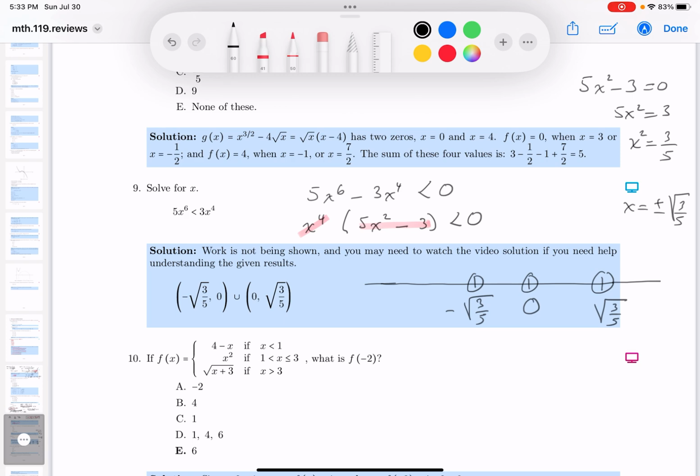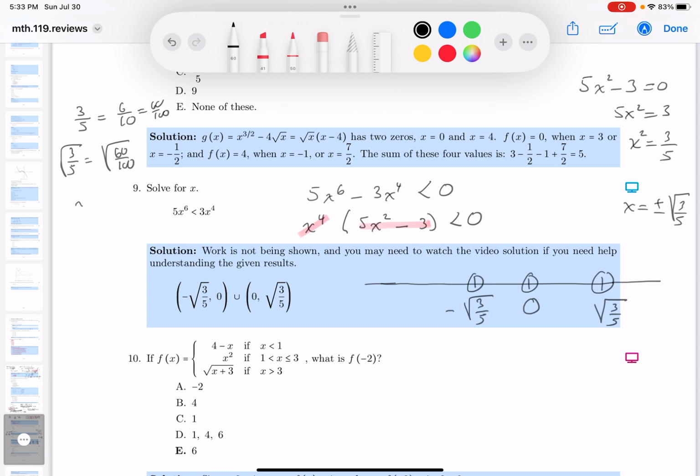All right, so if I looked at 3/5 and I took the root of it, let me put what I mean by that. 3/5 is 6/10. So it's like, I'm going to write this down, 60 over 100. So 3/5 is like 60 over 100.